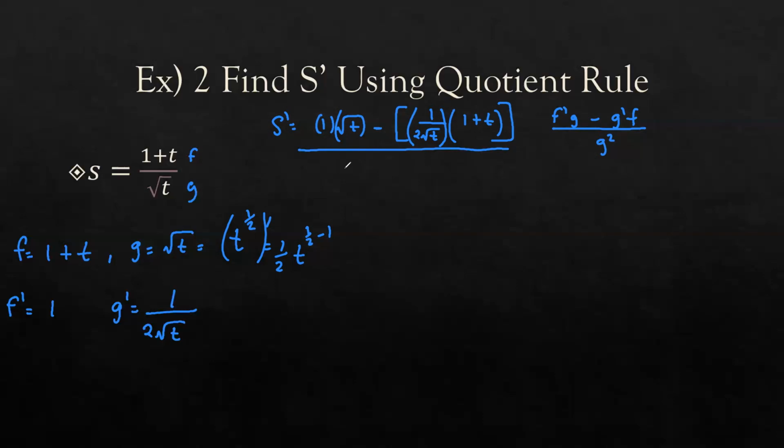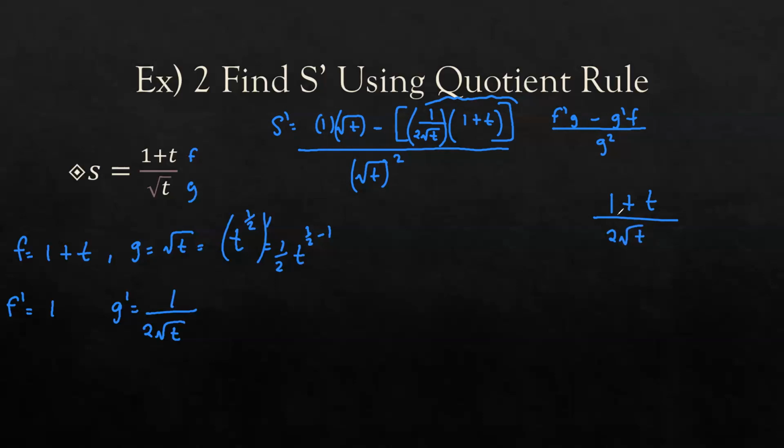G is radical t, and then square that. We have to simplify the inside bracket. What is 1 over 2 radical t times 1 plus t? That is just 1 plus t over 2 radical t.